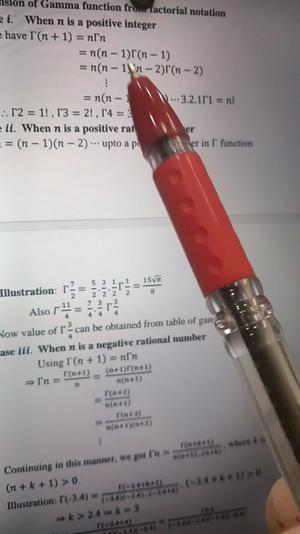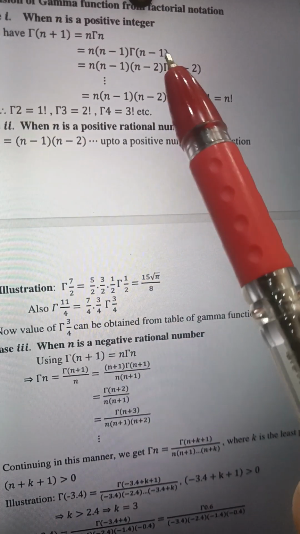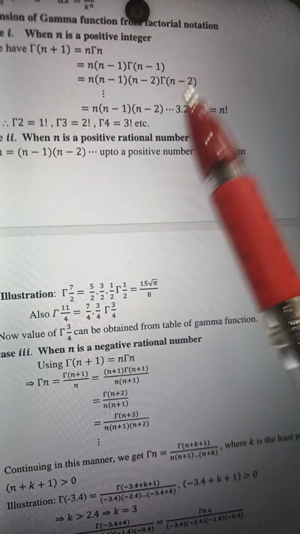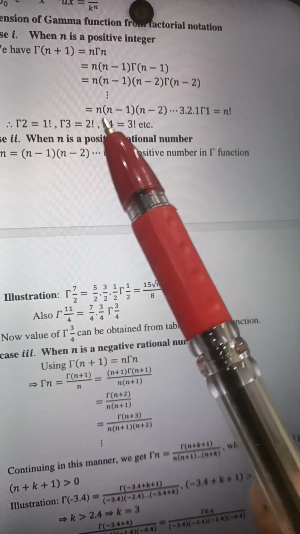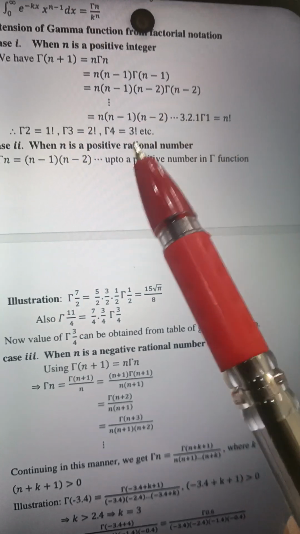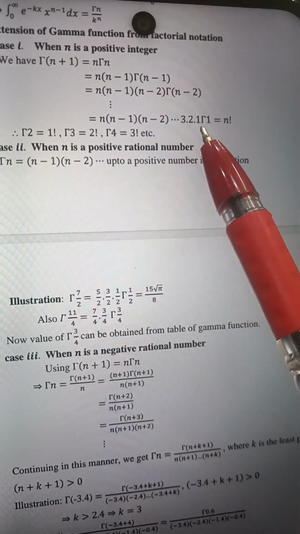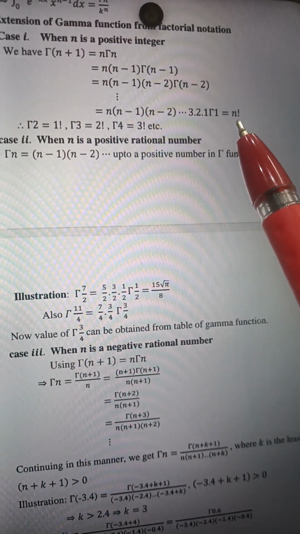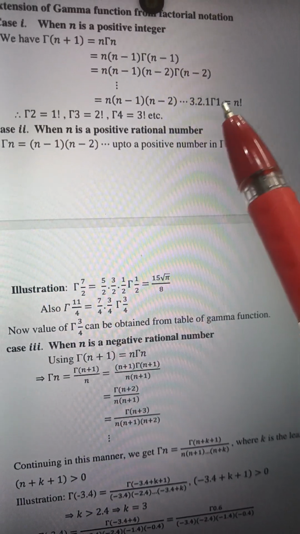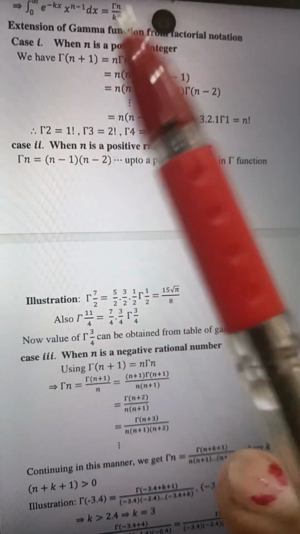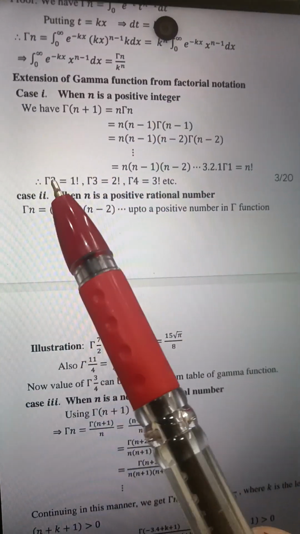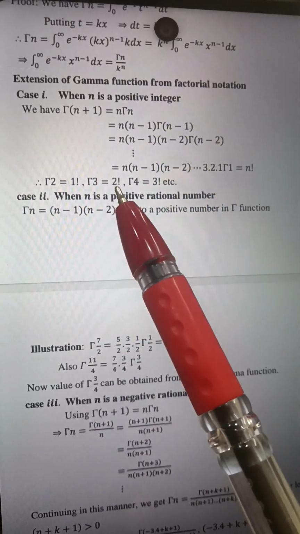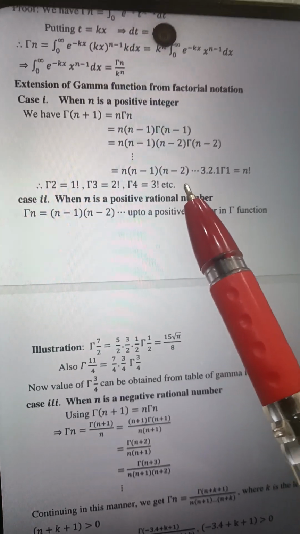Another term will be n(n minus 1)(n minus 2)(n minus 3)(n minus 4) factorial n minus 4. If we continue the pattern, we will get this, and what is this? This is n factorial. So from this we can say that factorial 2 is equal to 1 factorial, and factorial 3 is equal to 2 factorial. I hope this is clear.